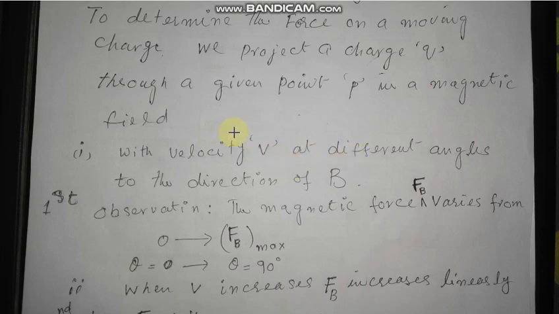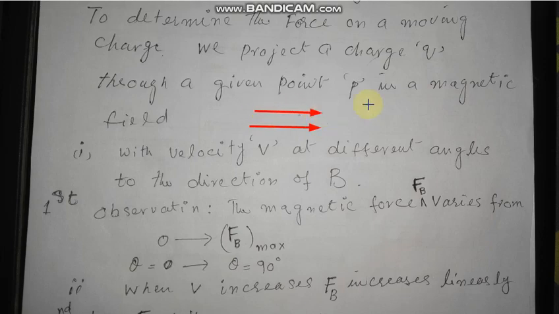In the first case, we will project our charge q in the magnetic field B parallel to the magnetic field.